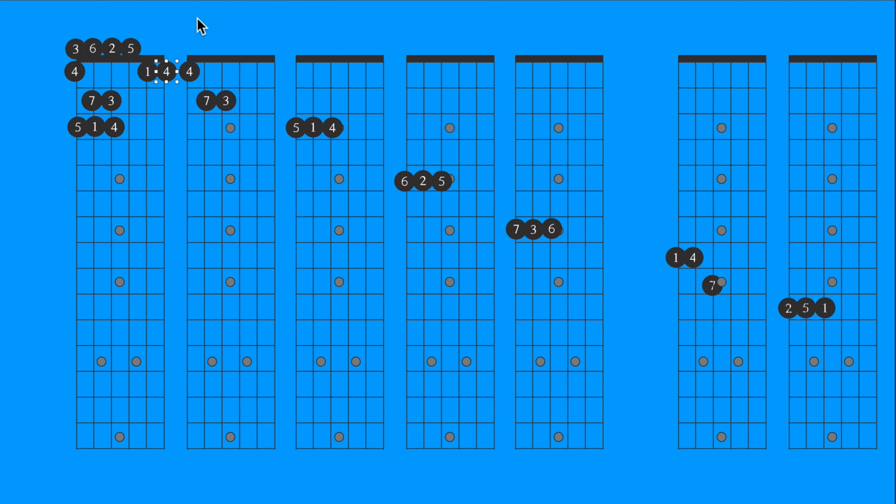So 5, and then 6, and that would be the same thing right here. 2 would get moved down, and then 7.